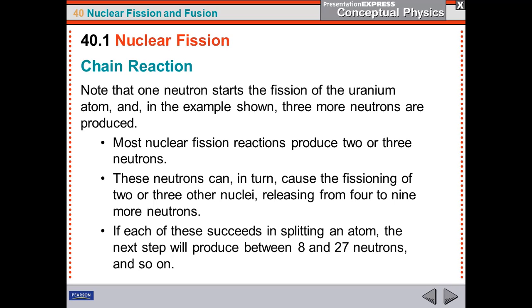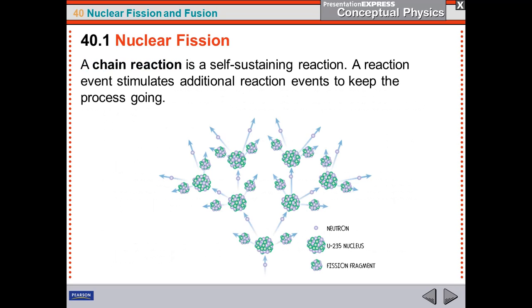If each of these succeeds in splitting an atom, the next step will produce between 8 and 27 neutrons, and so on. You can see here, in each fission reaction there are more numbers of neutrons produced.